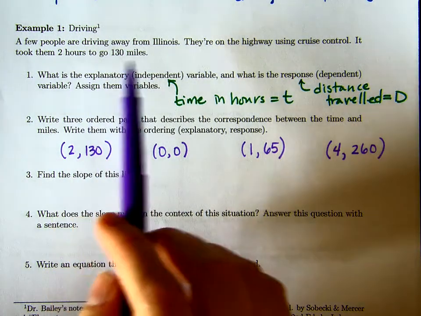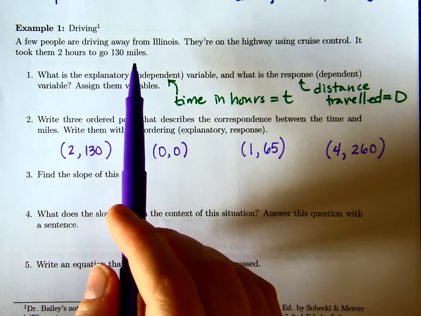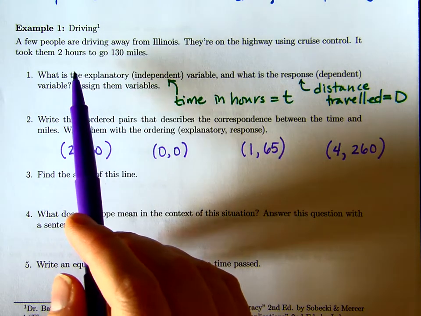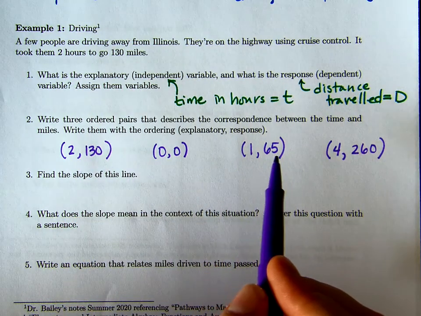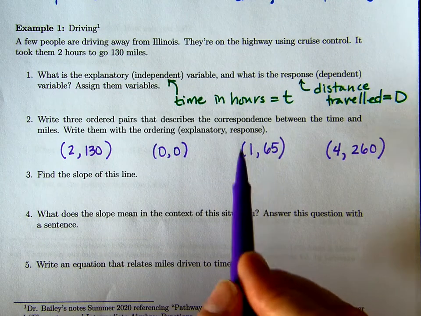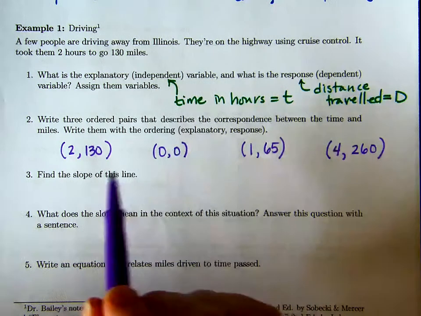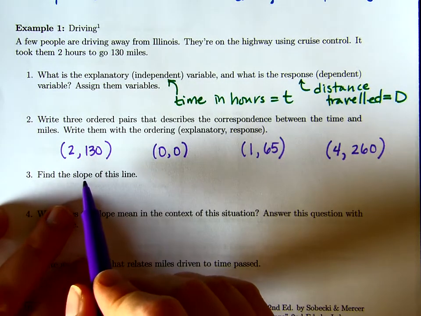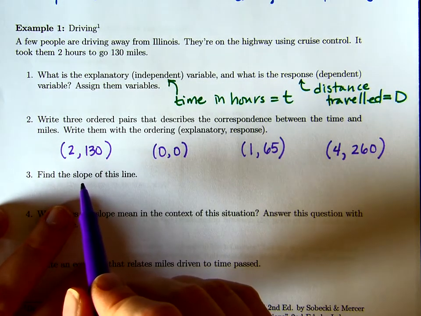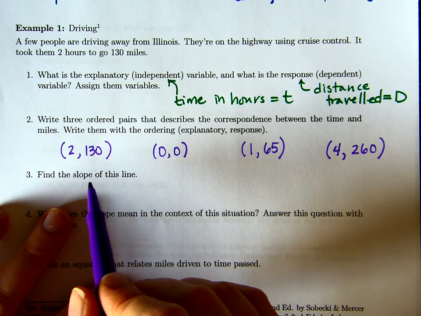We took the rate, which is 130 miles per 2 hours, and we actually scaled it down right here to be a unit ratio. We just didn't label it. These ordered pairs are not labeled. But the slope, remember, is the ratio of the change in one to the change in the other.